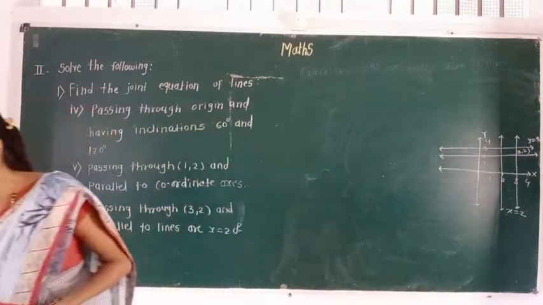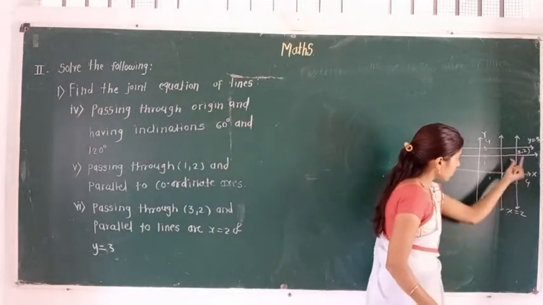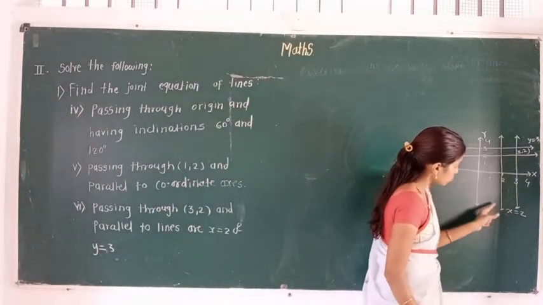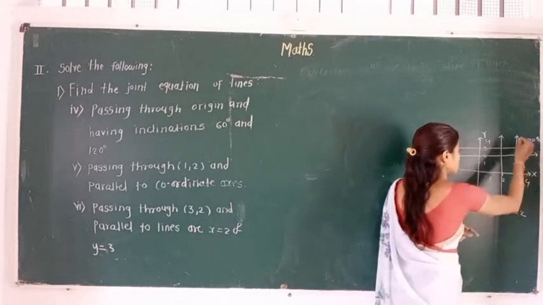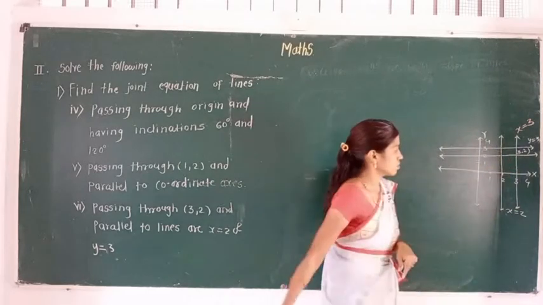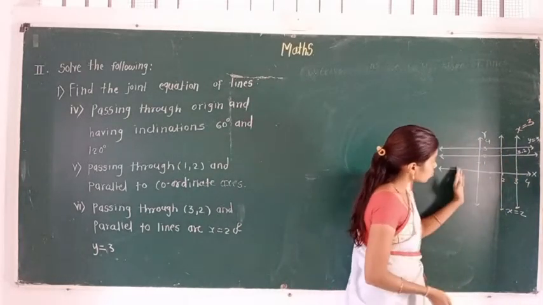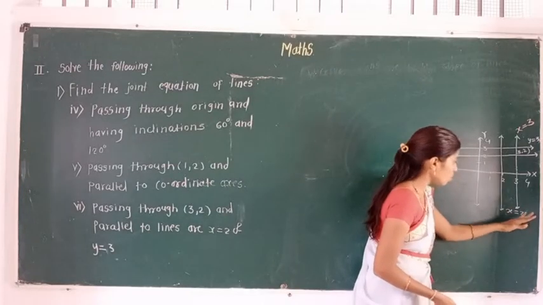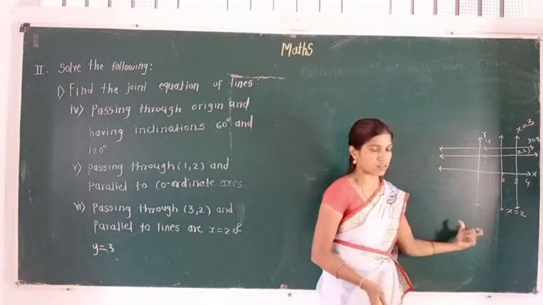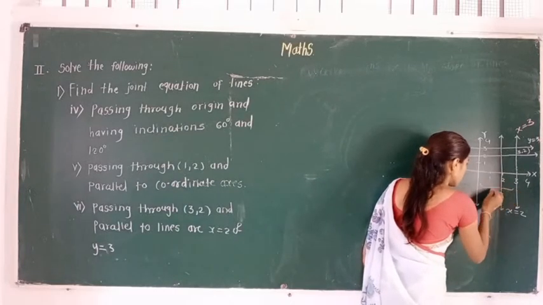So we write here the equation of this line passing through (3, 2). We write x is equal to 3, because this line is parallel to x is equal to 2 and also parallel to the y-axis at a distance of 3 units.